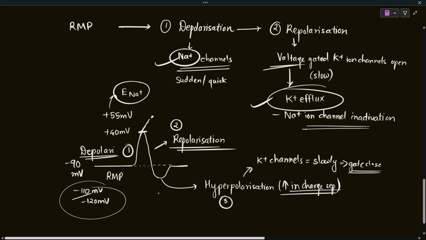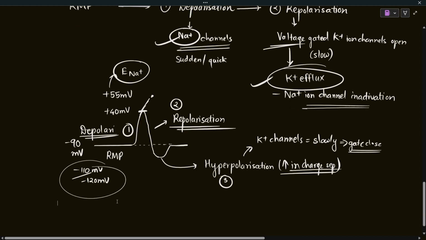And then after the hyperpolarization state, once the voltage gated potassium ion channels start closing slowly and are closed completely, the sodium potassium pump opens, which helps us in restoring the resting membrane potential.